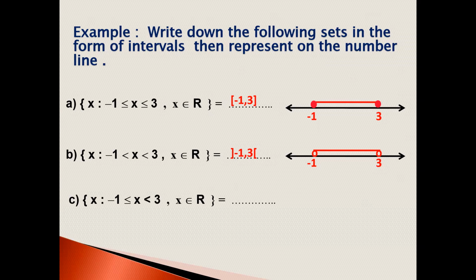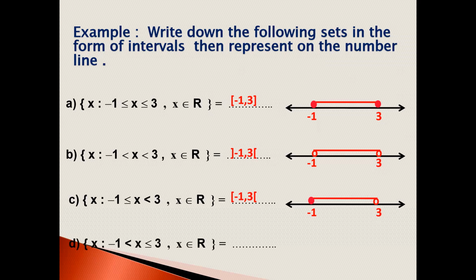I'll close the -1 because I have here less than or equal. 3 will be open because 3 is less than only, without or equal. So I write it -1 closed, 3 open, and I'll put it on the number line. I will point on the -1, point on 3. I close -1. I open 3. So I join them because I want the real numbers between them.